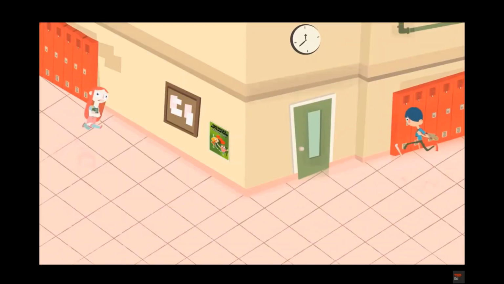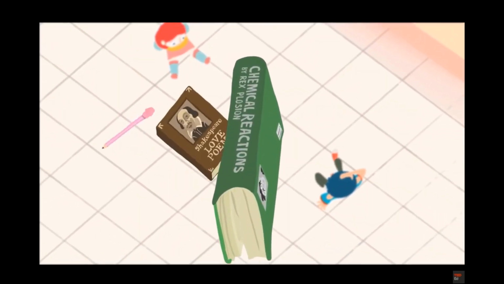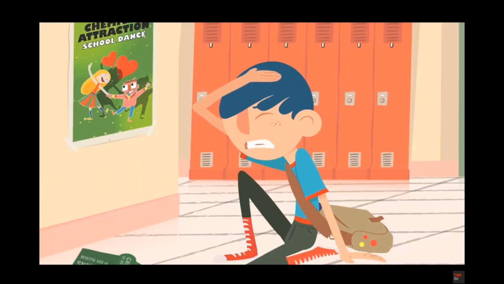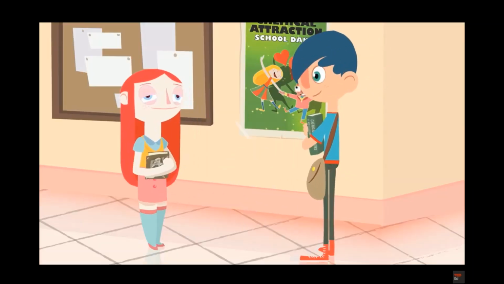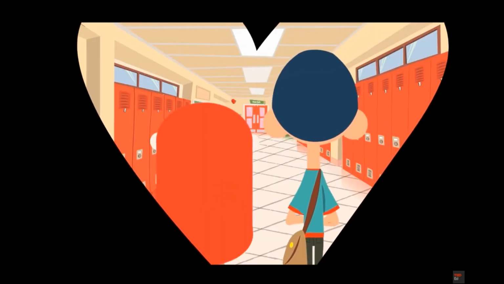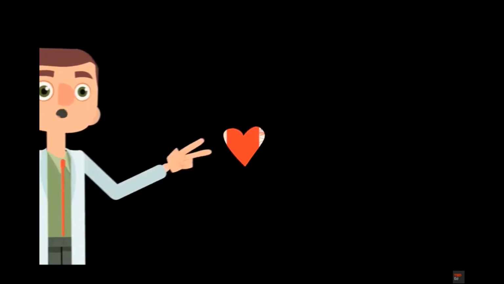They both sprinted to class, and as it happened, sprinted directly into one another. Now, this was no small collision. They ran squarely into one another in such a way that he knocked the books right out of her hand. "I'm sorry," he said. "Let me help you with your books." He kindly helped her recollect her belongings and politely offered to walk her to class. And you'll never guess who went together to the dance later that year. Yep, those two.